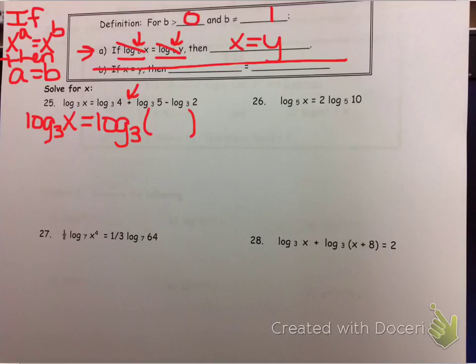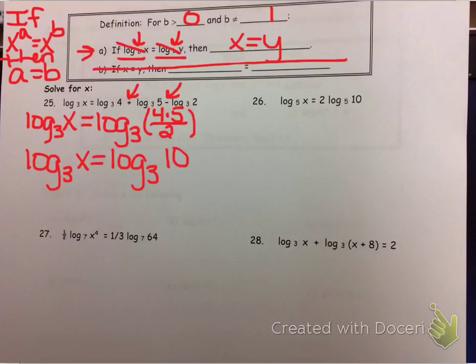These two are separated by addition, so I'm going to put their numbers together with multiplication. And then this log is separated by subtraction, so its number is going to get divided. And so we would have log base 3 of x on the left side, and we would have log base 3 of 10 on the right side. And that means that we can now drop the logs and bases, and x is equal to 10.